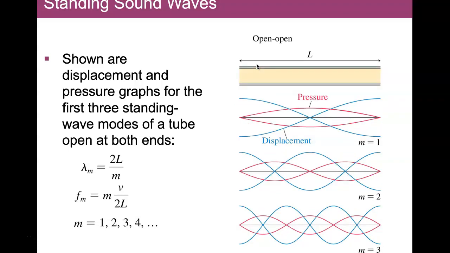Similarly, you can play this other game, consider the open case. For open, pressure and displacement switch, right? Now pressure has nodes, so it looks like the fixed situation of the string, and displacement has antinodes, so it looks like free boundary condition.